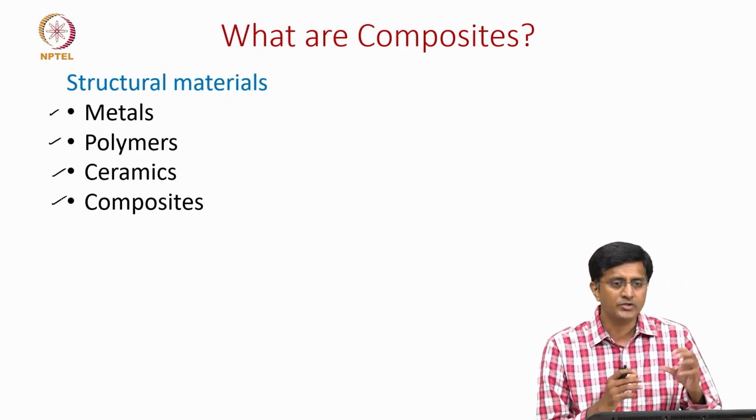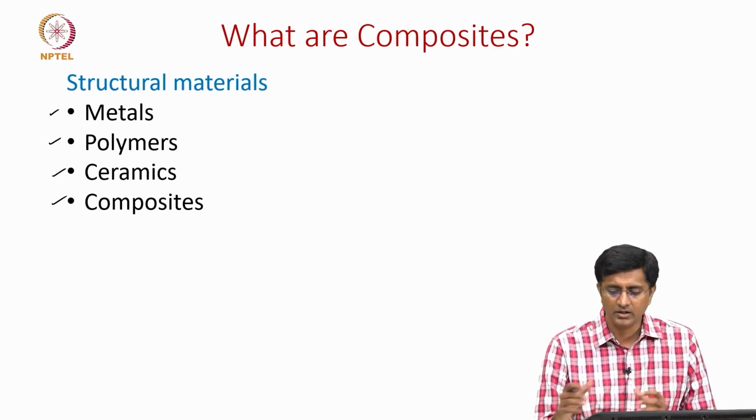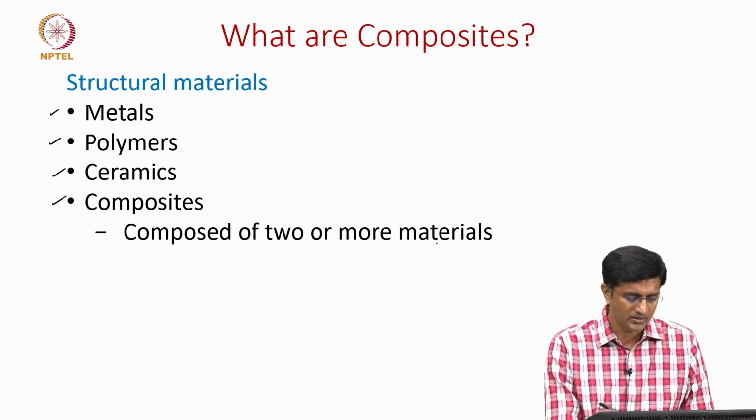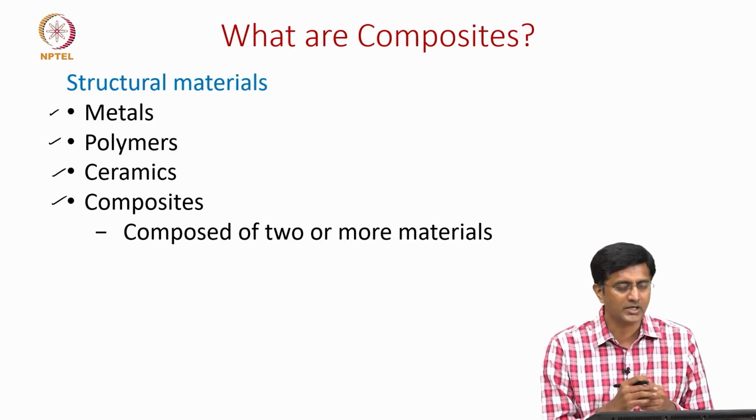But the first 3 I would say are the basic structural materials, because composites are usually composed of 2 or more materials, and these materials come again from the first 3 categories. They can be metals, polymers and ceramics.